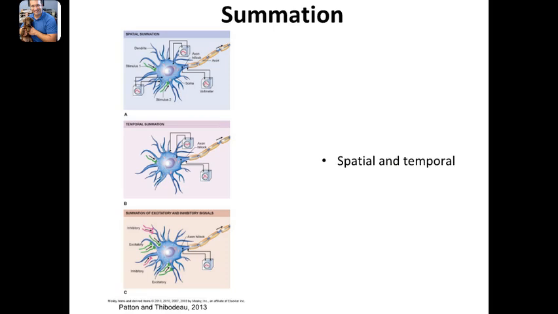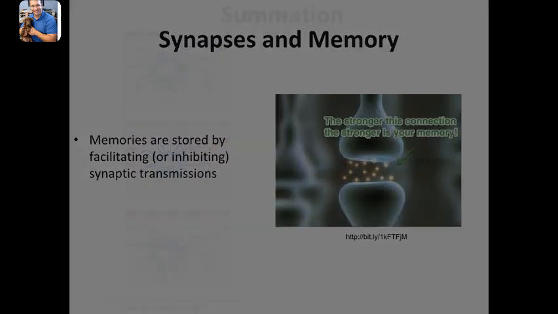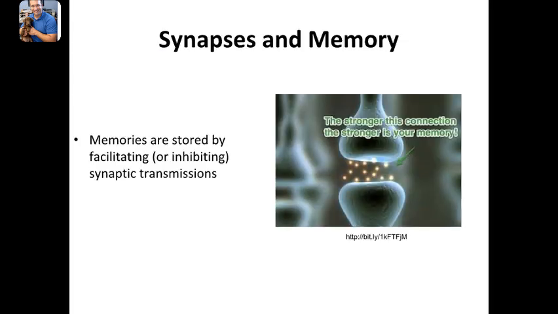Let's talk about memory for a second, right? And all the things that we just talked about in terms of the sequence of a nerve firing. So here we've got a very simple illustration. Here's one nerve firing. Here's the synaptic bulb. Here's the neurotransmitter being sent across the cleft.